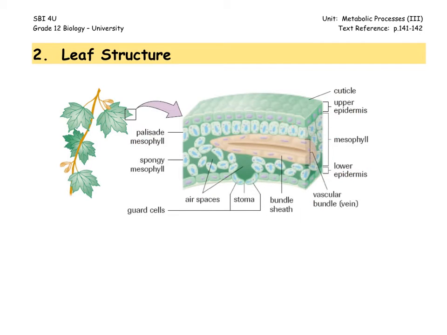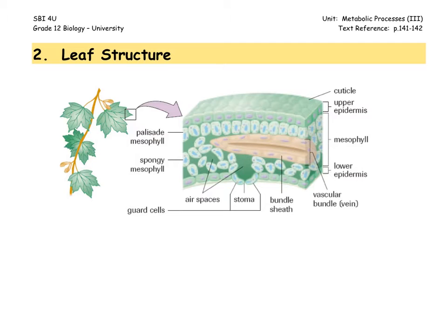Think of it almost like a window of sorts: its main function is to allow light to simply pass through it. So in some ways it acts as a bit of a protection. All the light is going to be able to pass right through that epidermal layer and into the cells beneath.